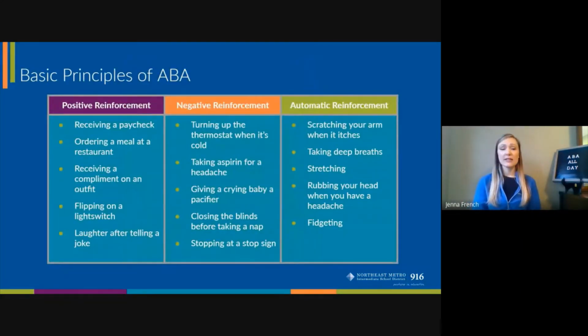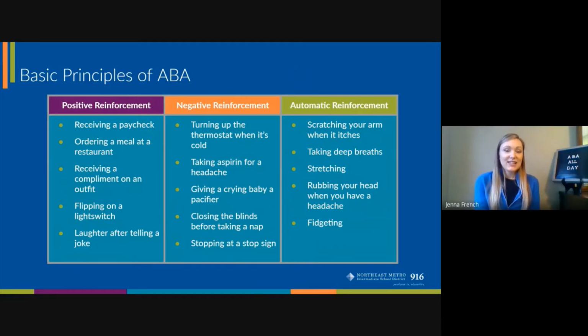So one last thing about reinforcement, I wanted to share some examples of different types of reinforcement that we might encounter in our daily lives. So positive reinforcement: receiving a paycheck, ordering a meal at a restaurant and then getting that meal, receiving a compliment on an outfit, flipping a light switch, or laughter after telling a joke. Negative reinforcement could be turning up the thermostat when it's cold.